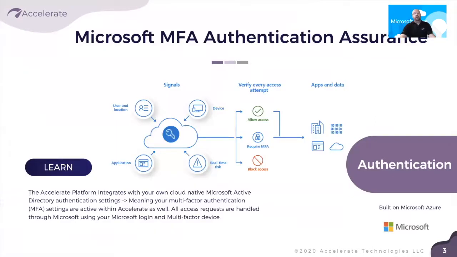So I want to talk about Microsoft multi-factor authentication assurance. This is something that we utilize within the application. Even as a company, we ensure that everybody has multi-factor authentication turned on. What I mean by multi-factor authentication is I'm actually holding up a phone. It can be either an authenticator application, or it can be a text message that comes to you.